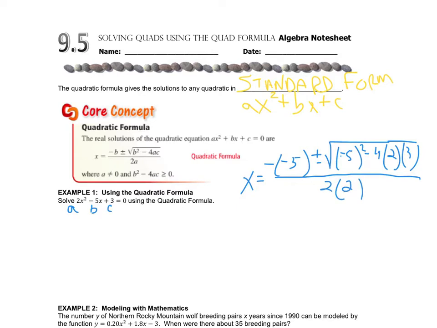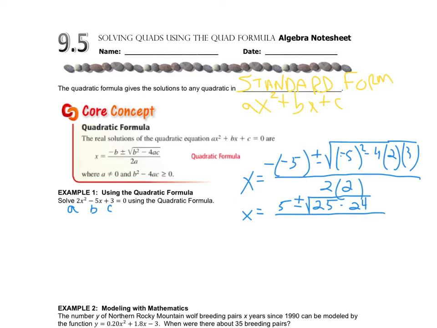So let's start going through step by step. First, let's take care of negative 5. That becomes a positive 5. We're going to leave the plus or minus square root. Not going to do anything with that square root until everything underneath has been resolved. Negative 5 squared is 25. Minus 4 times 2 times 3 is really minus 24, because 4 times 2 is 8, times 3 is 24.